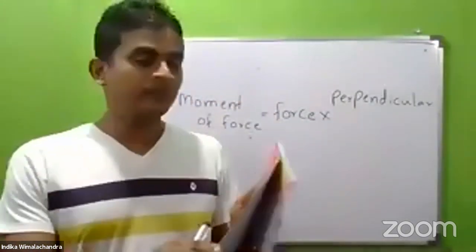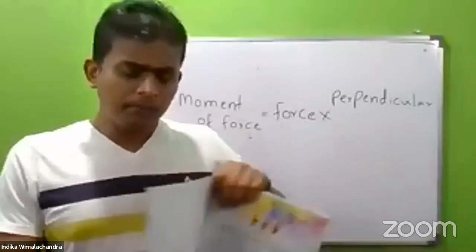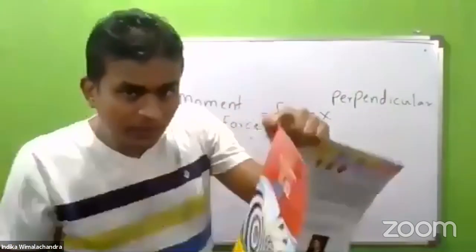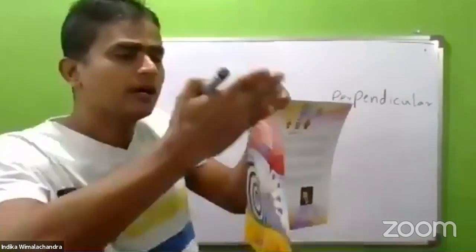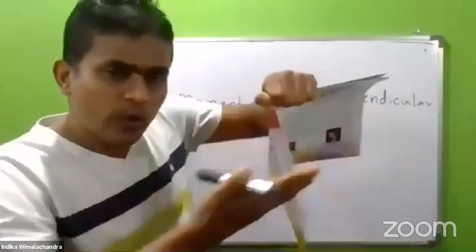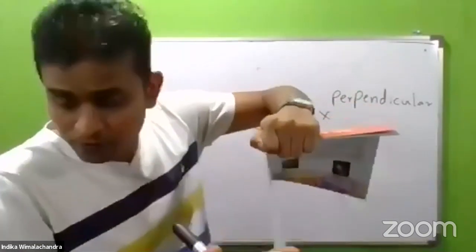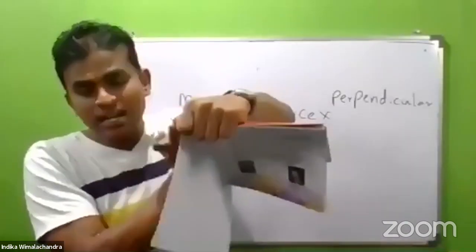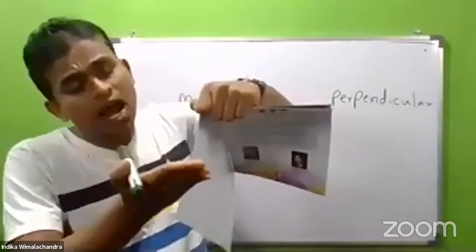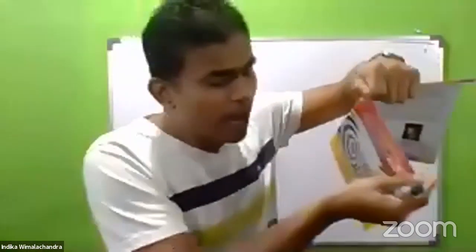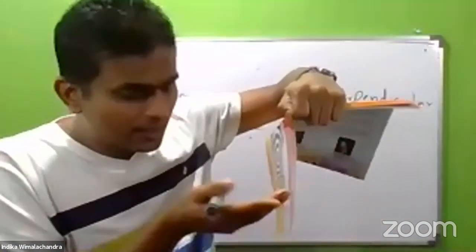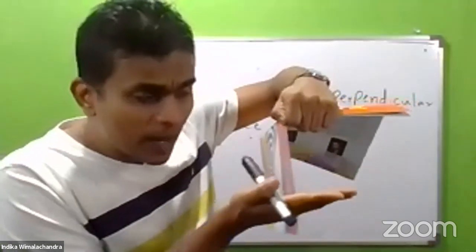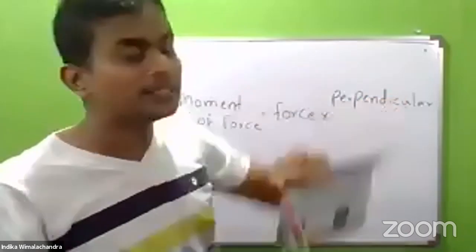This is the force, and when you apply the force, this is the axis of rotation. This is how you apply the force. Perpendicular distance from the rotational axis to the line of action. If you draw a straight line through the place where you apply the force, we call it the line of action.